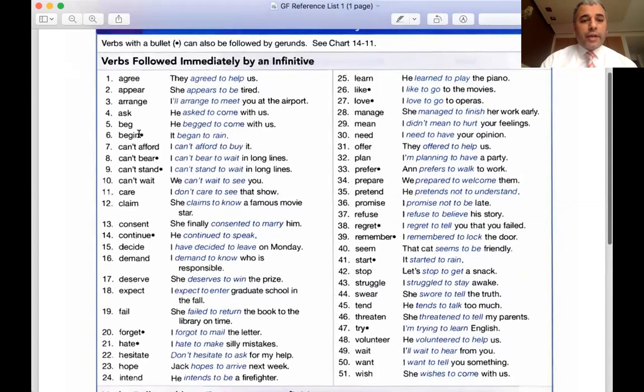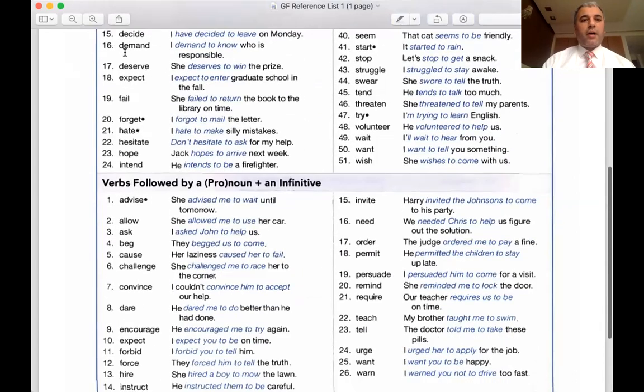Now the same story again. When you have a star like this, it means that they can also be followed by a gerund. Now you need to remember these expressions as they are. It's like learning by heart, and basically you can do that via exercises.